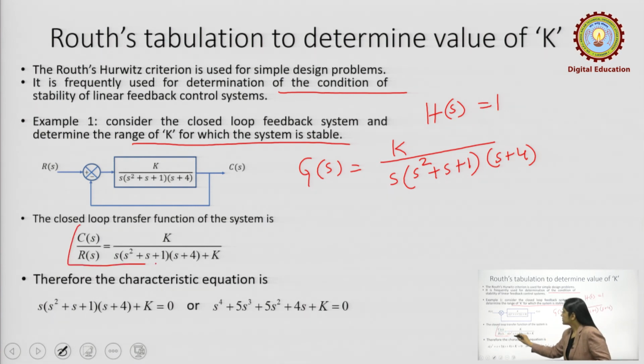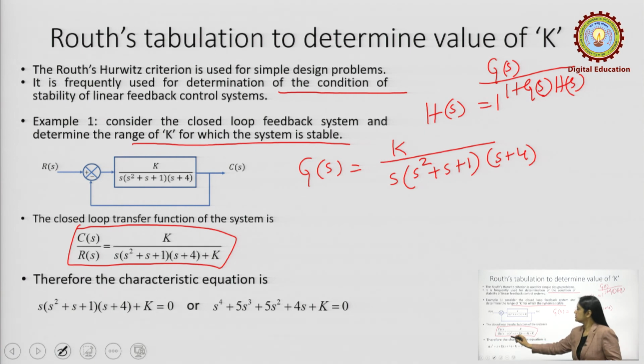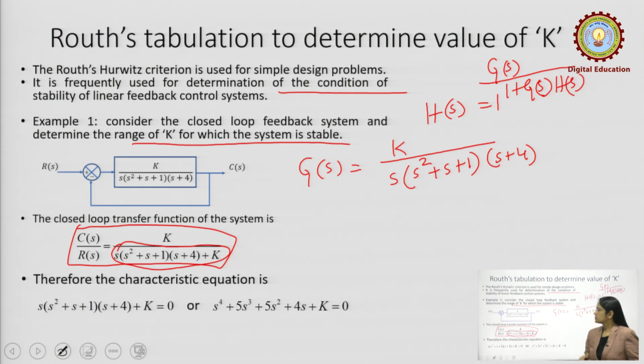This is the closed loop transfer function. Closed loop transfer function is G of s upon 1 plus G of s H of s. So, G of s divided by 1 plus G of s H of s, we get the value of the closed loop transfer function, and the denominator of the closed loop transfer function is the characteristic equation of the given function.